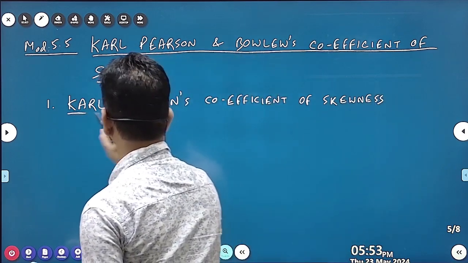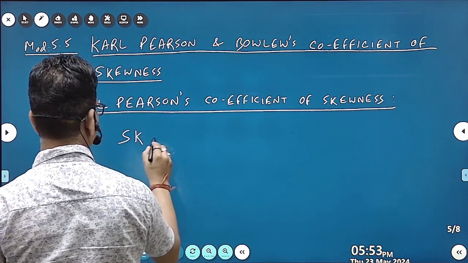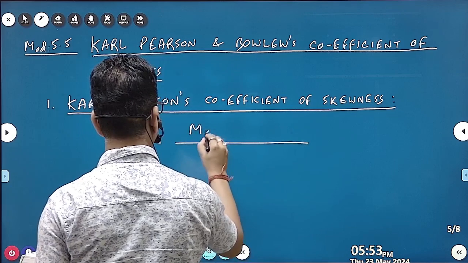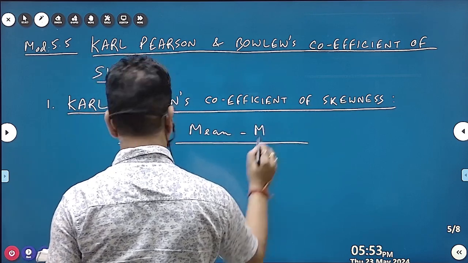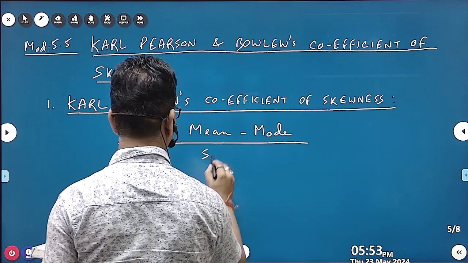This is Karl Pearson's coefficient of skewness. It is written as Sk equal to mean minus mode divided by standard deviation.